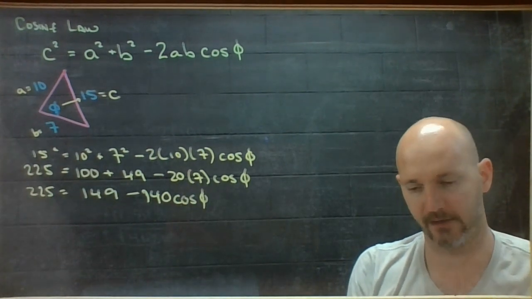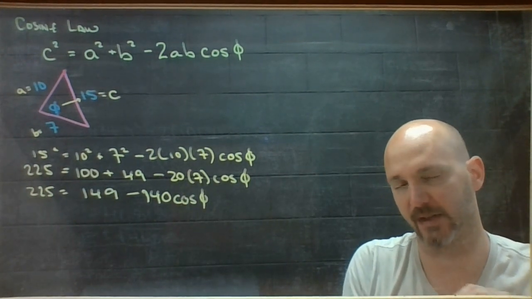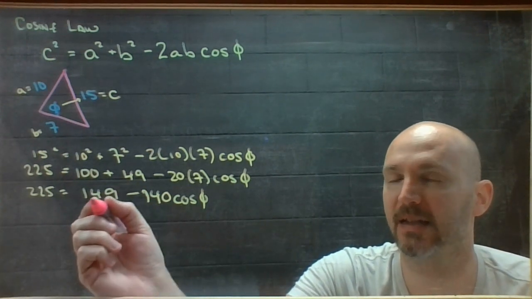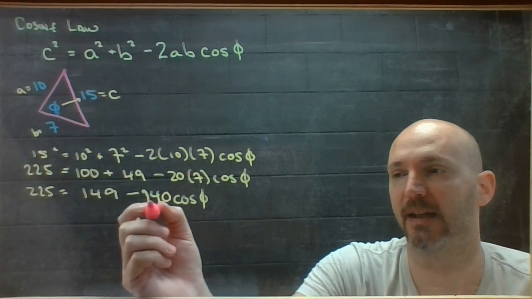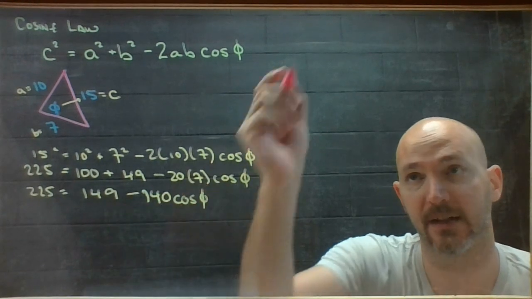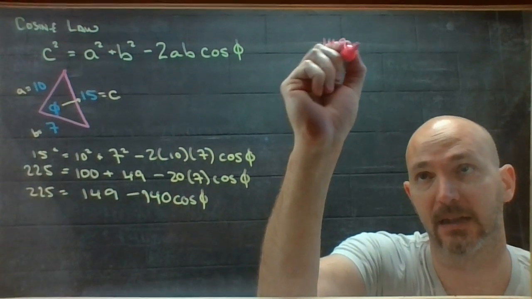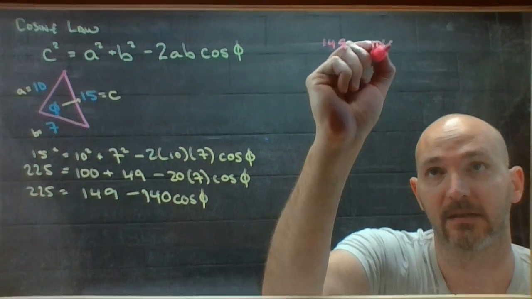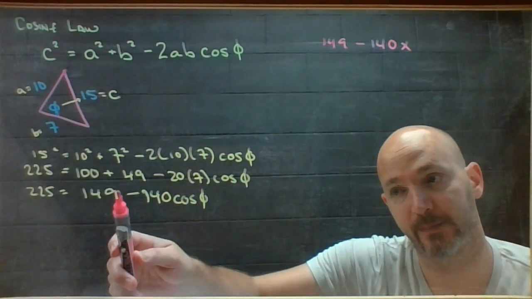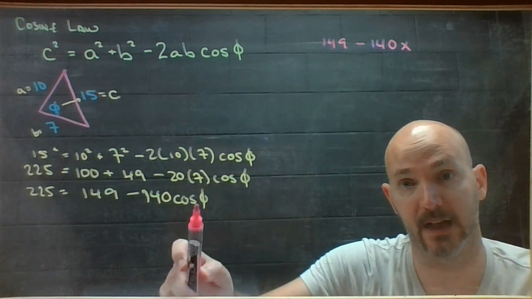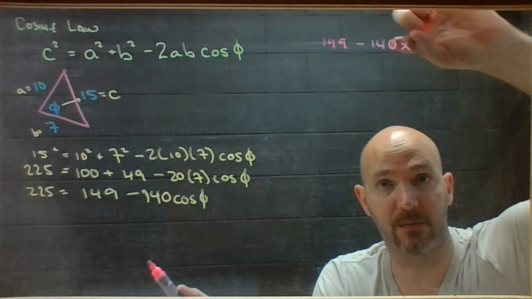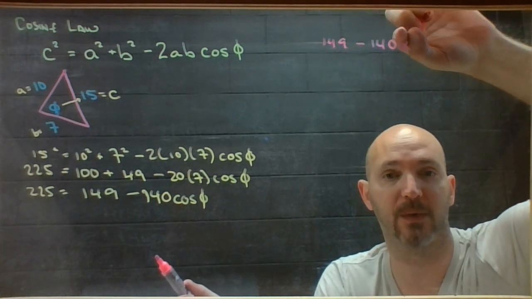All right, and normally I would just carry on with the correct steps, but I need to point out to you that this thing is a number, and this thing is a number with a letter attached to it. So what you're looking at there is like a number on its own, and a number with a variable attached to it. But when you see this, you are not allowed to combine those, because this isn't worth 140.